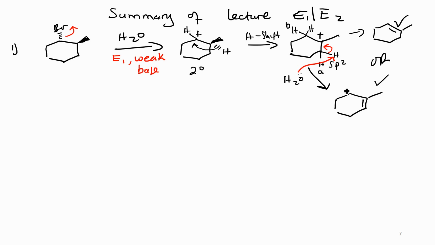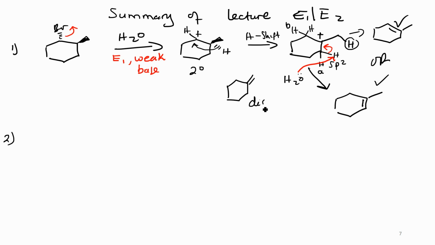Okay. So the beta hydrogen you're taking is not off of the substituent of the ring, because if you take out this hydrogen using the base, you're going to get this product.